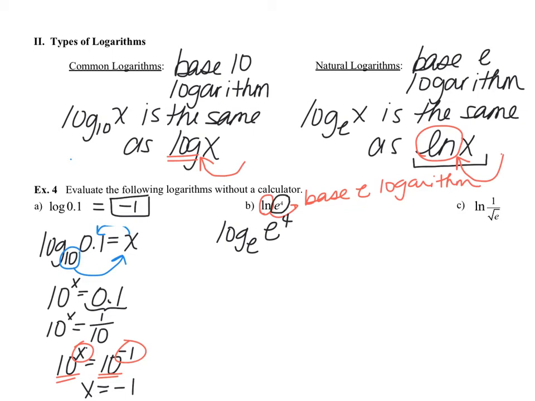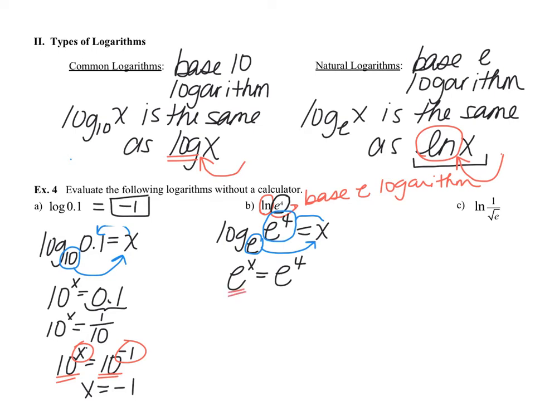So we have a base of e, and then the argument is e to the fourth power. We don't know what this is equal to, some unknown, so we'll equal it to x. Then we're going to rewrite this in exponential form. We start with that base. This is going to be e raised to the x power equal to this entire argument. So rewritten, that's e to the x is equal to e to the fourth power.